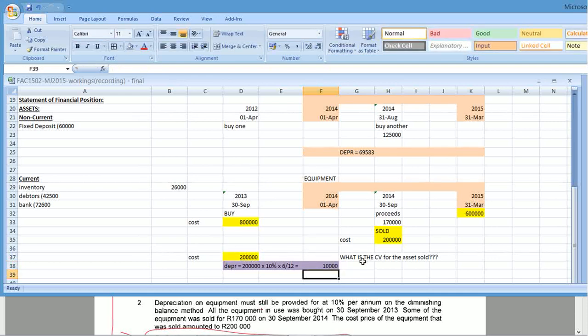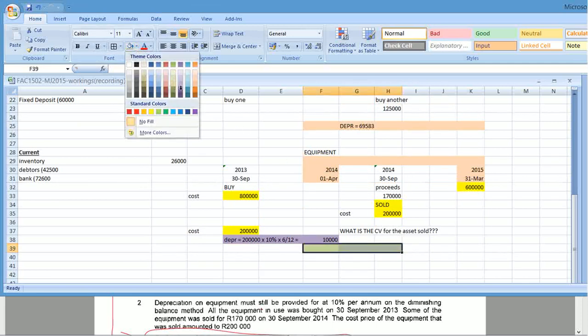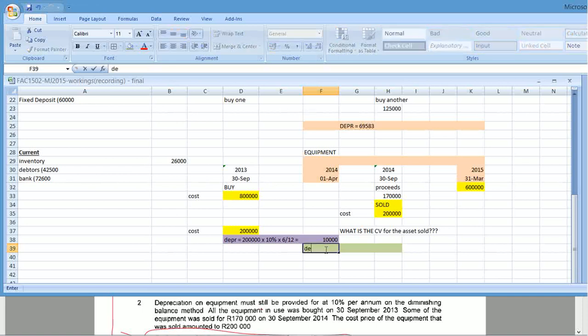equals 10,000. And then we still have more depreciation from that point in time to that point in time. So depreciation here would have been the carrying value, 200,000 less 10,000, close brackets, times 10% times, okay, so April to September. April, May, June, July, August, September.